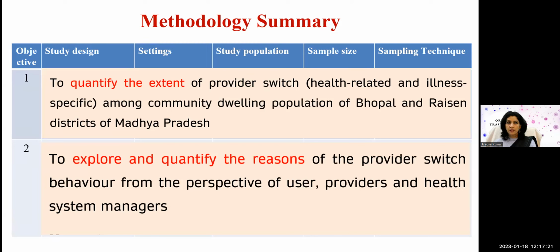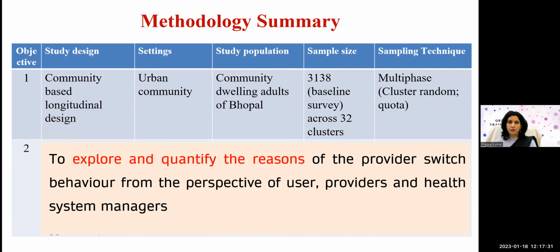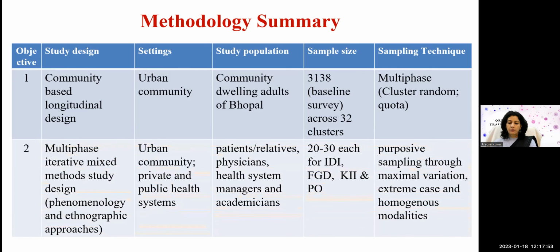Again, you can see here that they have briefly summarized the methodology. It was a community-based longitudinal design in the urban community dwelling population. They have mentioned the participants, sample size, and the sampling technique. Now, for the objective to explore and quantify the reasons of the provider switch behavior from the perspective of users, providers, and health system managers, it was a multi-phase iterative mixed method study design.